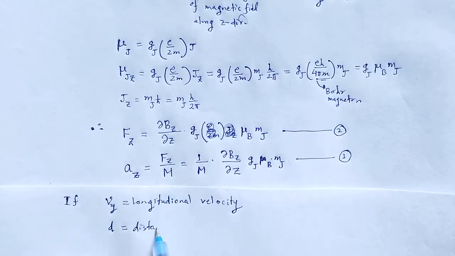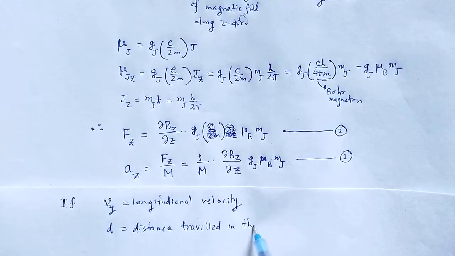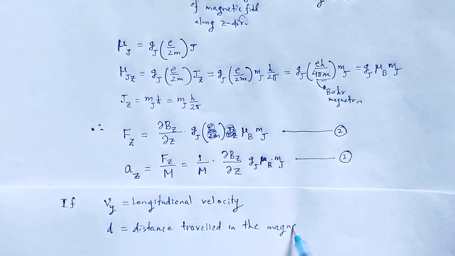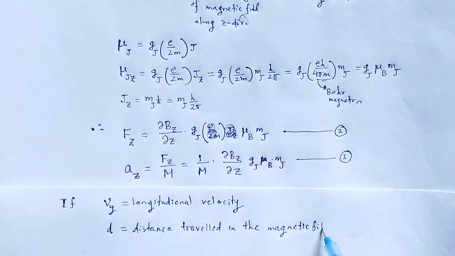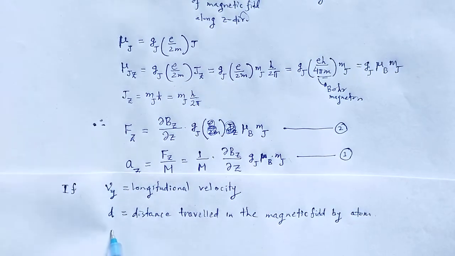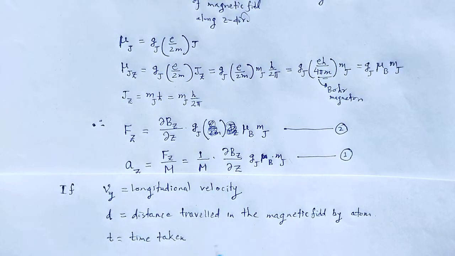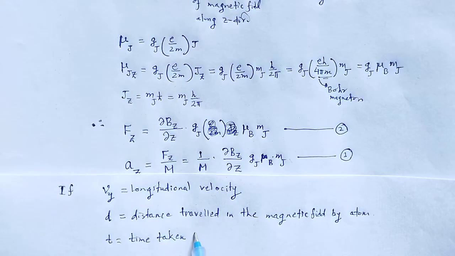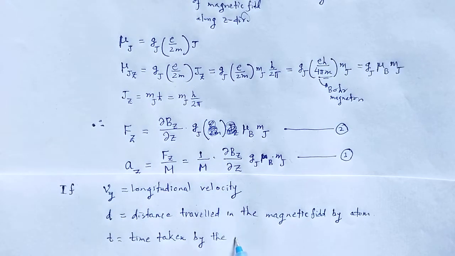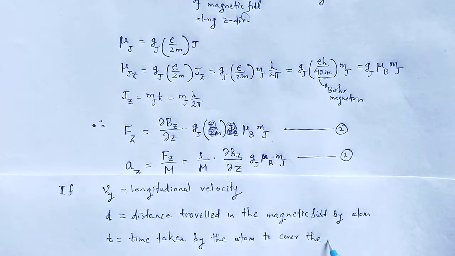The distance travelled in the magnetic field by the atom, and t is the time taken by the atom to cover the distance d.